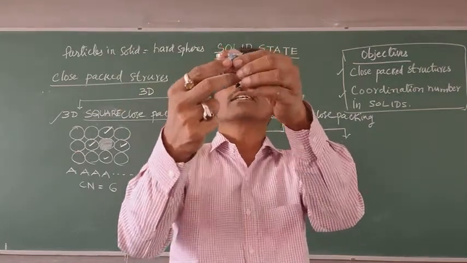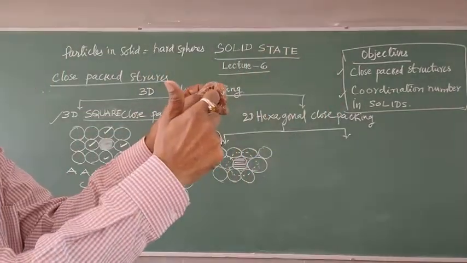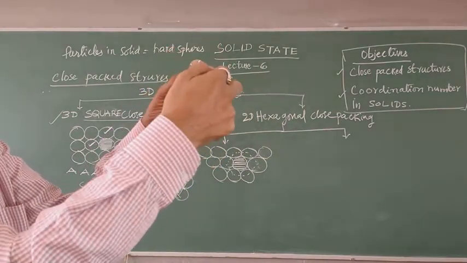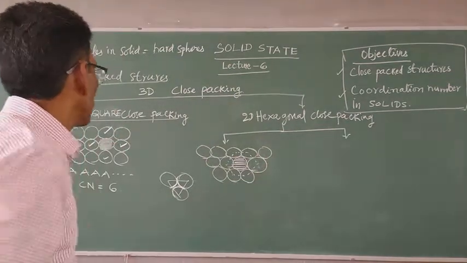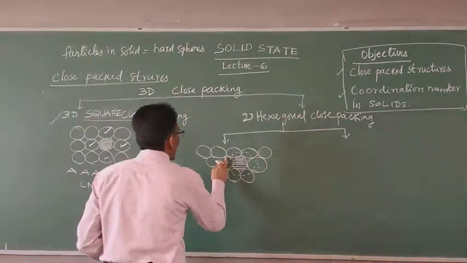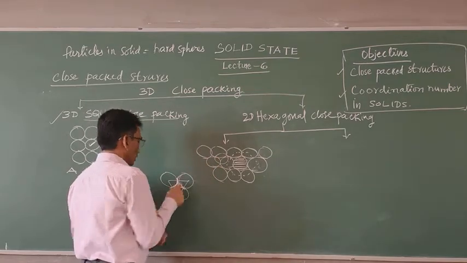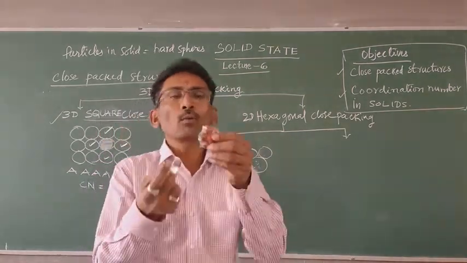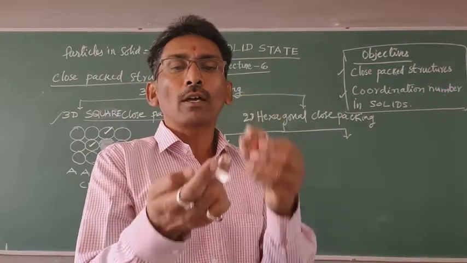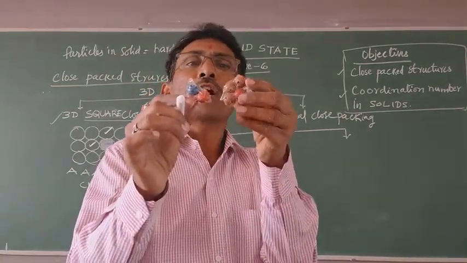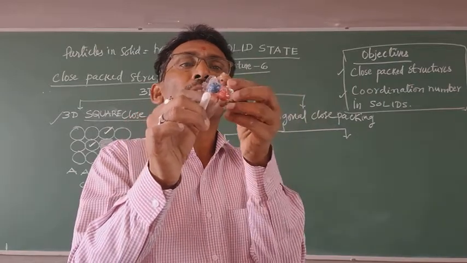Then a gap has already resulted here, see. So this triangular void gap is not occupied, but some are occupied. Some triangular voids are occupied by the particles like this. So this triangular void of a layer is occupied by a particle like this.